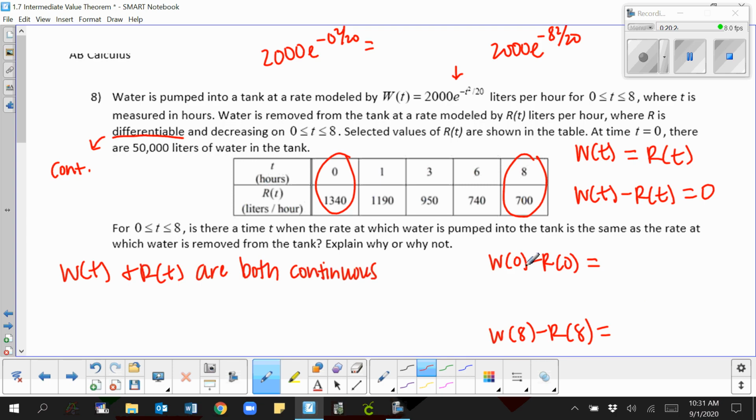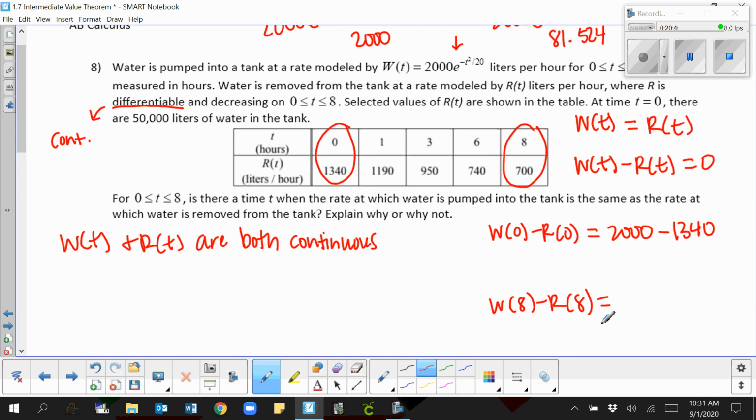For W of 0, you should end up with 2,000, and for W of 8, we should end up with 81.524. So for my first one, I'm looking at 2,000 minus 1,340.